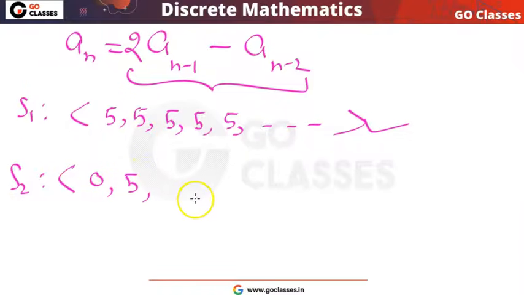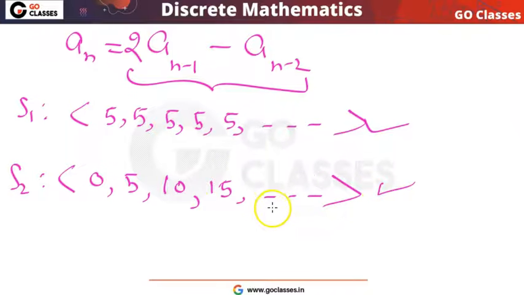For example, you can give this sequence, 0, 5. So what can I calculate? I can calculate 10, and then I can calculate 20 minus 5, that is 15, like this. This sequence will also satisfy this equation. You can notice that because we do not have initial conditions.